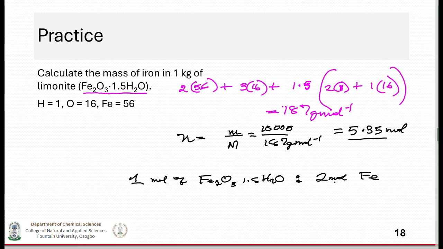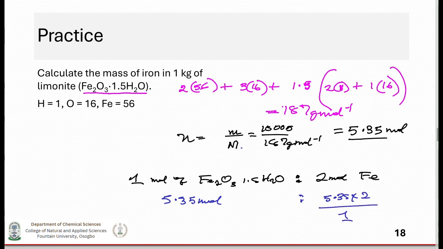We get this one just from the formula, so there's no calculation there. Now we want to calculate how many moles of iron we are going to get in 5.35 moles of this. That will give us 5.35 times 2 divided by 1.